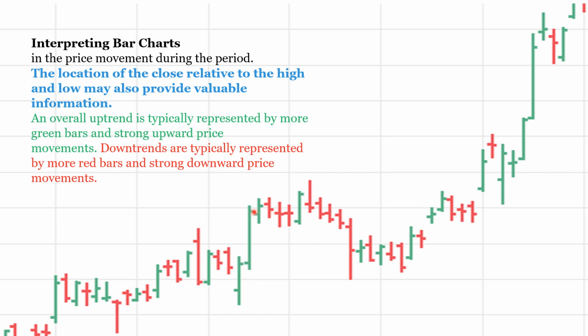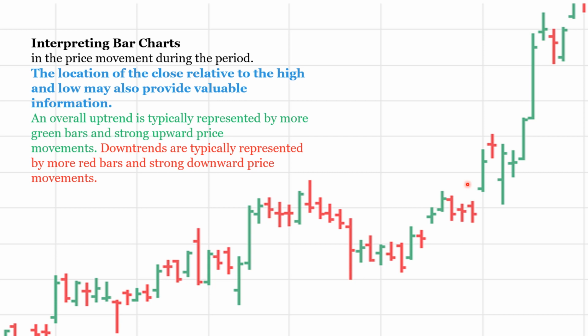It rallied higher and it stayed high. A bad example, or a less bullish example, would be this one. The price came down more significantly than here. It's almost back to the halfway period of the bar.